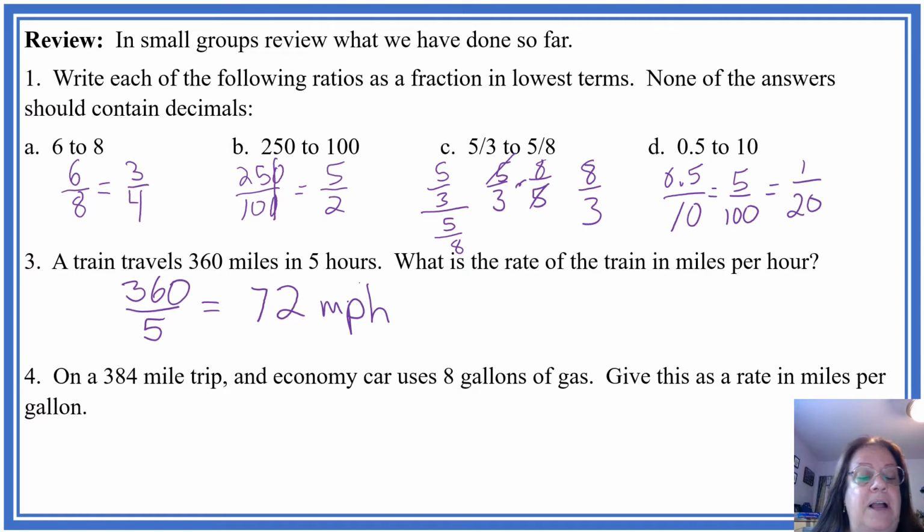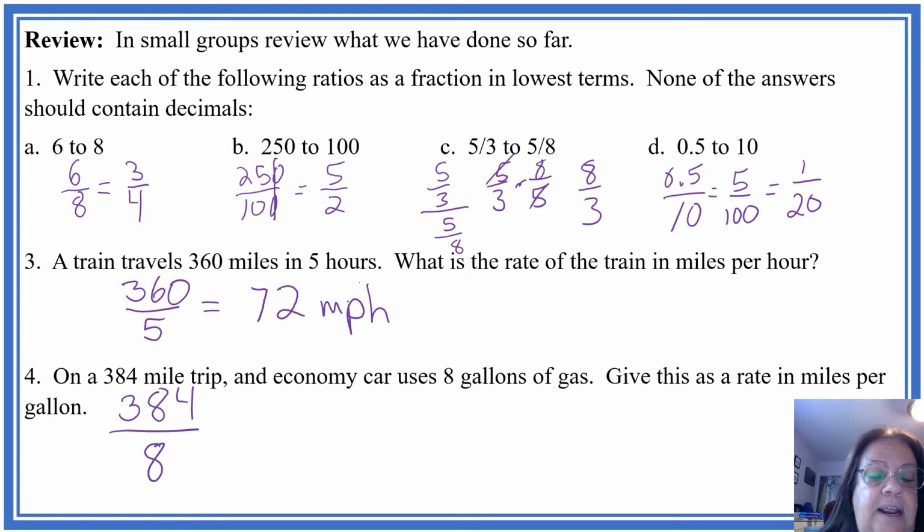All right, on a 384-mile trip, an economy car uses 8 gallons of gas. Give this in miles per gallon. Miles on top, so I have 384 miles per 8 gallons. Right off I see they're both even, so I can divide out a 2. 384 divided by 2 is 192.